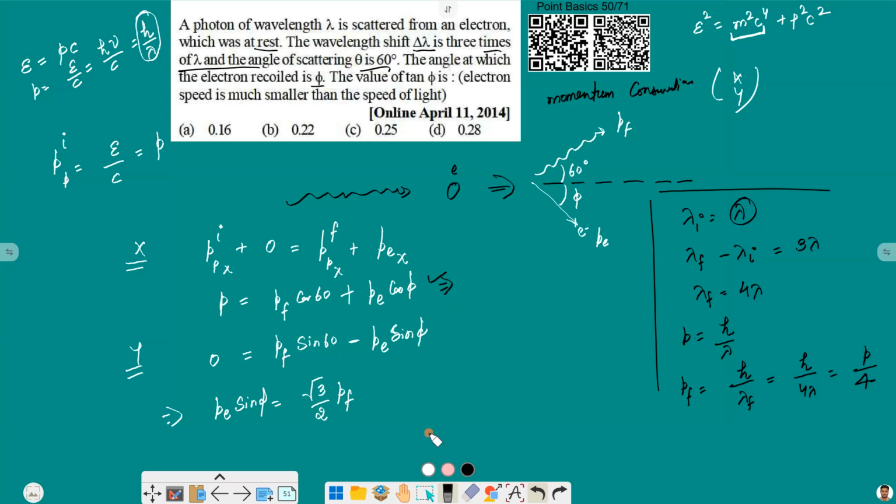P is equal to P final, that is P by 4, into cos 60, that is half basically, plus PE cos phi. From this, PE cos phi is equal to P minus P by 8, that becomes 7P by 8.